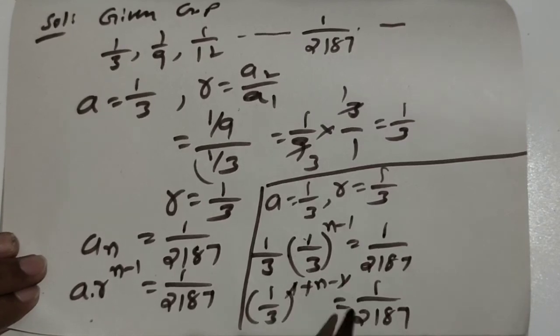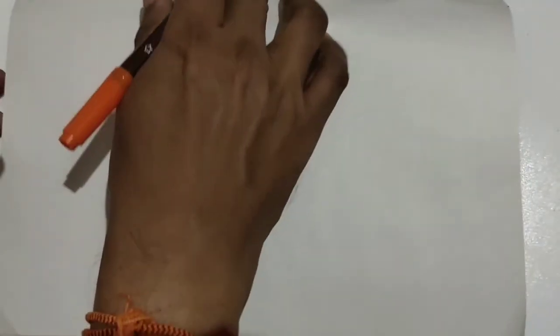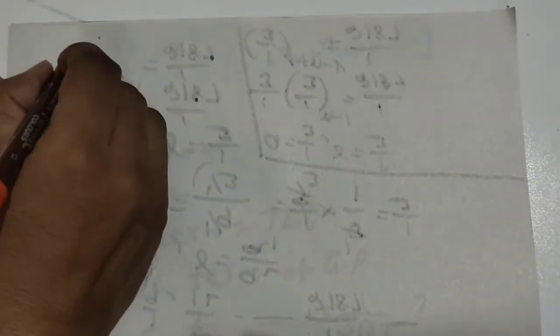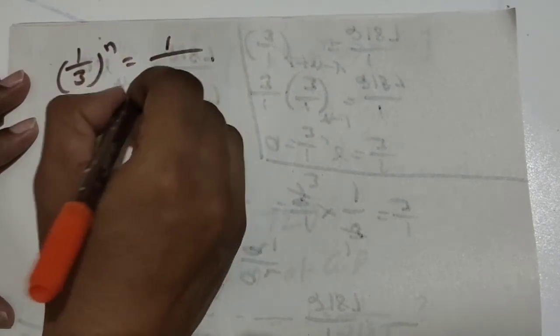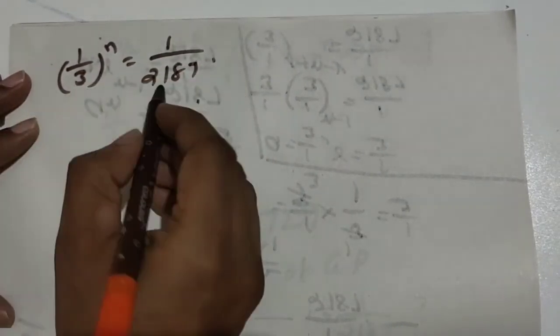So 1 plus 1 is cancelled. Then we get simply 1 by 3 to the power of n is equal to 1 by 2187.